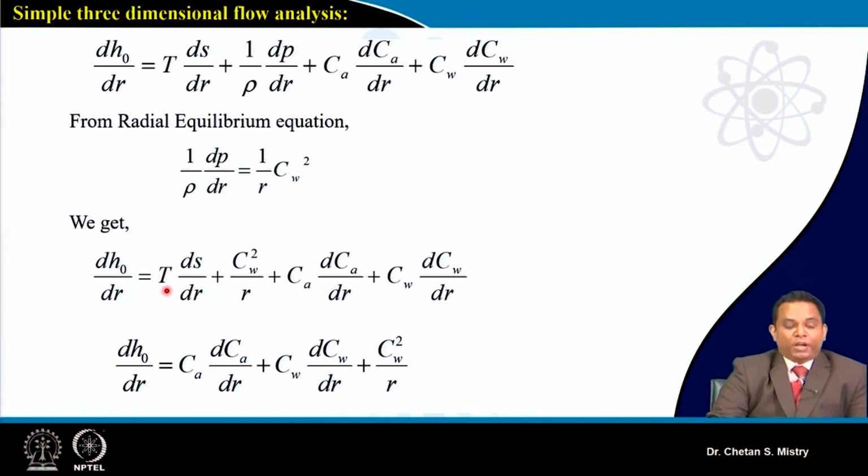It says dh0 by dr is given by this entropy change, a term in the sense of centripetal force, the axial velocity component and its change along the radius, and the tangential velocity component and its change along the radius. The term T ds by dr represents the change of entropy, which is nothing but the irreversibility associated with the process.